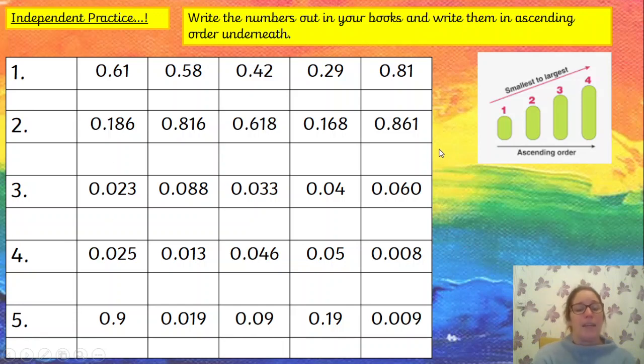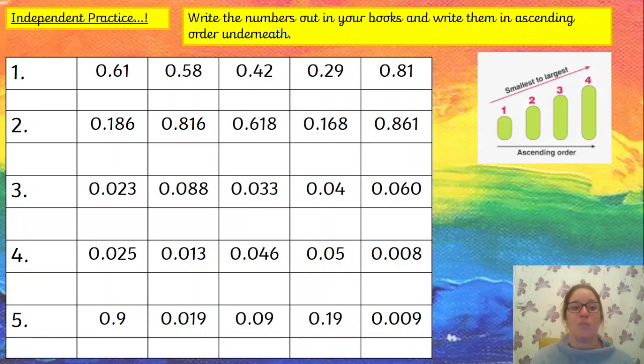If you find any of them particularly tricky, have a go. They do get trickier as you go on. But if you get to number 4 and think this is too hard, then just stop. But it's really important that you have a go at doing as many as you can.